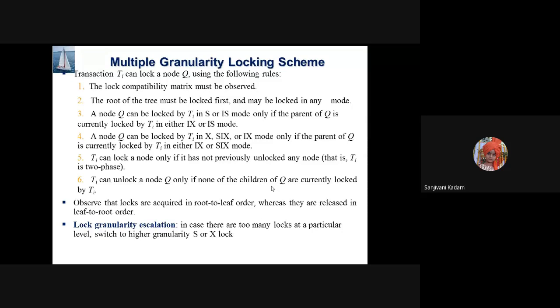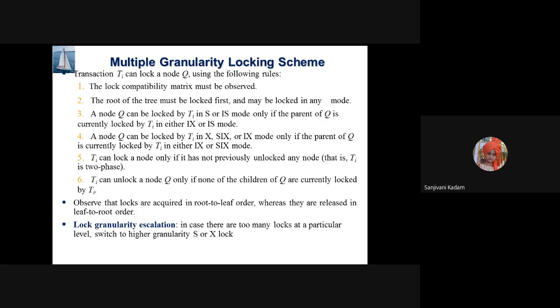So here it means that for the lower level elements, such as file records, in order to access those we must first have the parent locked in shared or intention shared mode.